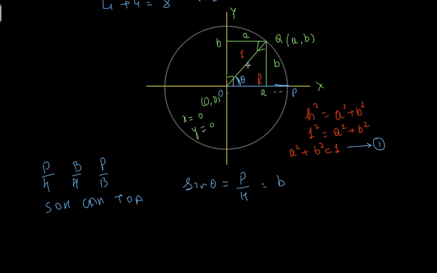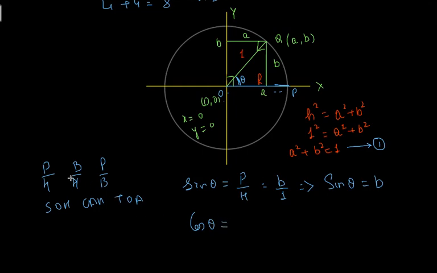And what is the value of this radius? It is 1. So it means sine of theta is equal to B.